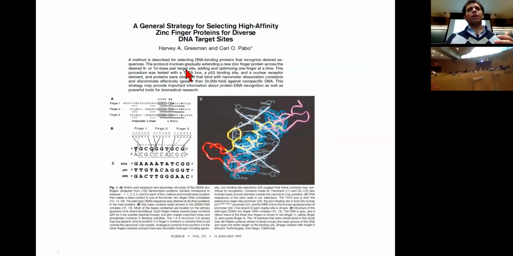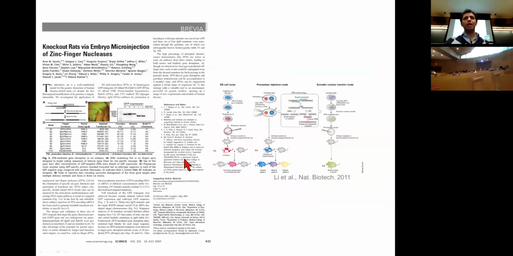There's been a lot of work in generalizing the selection of these binding sites, given these overlapping selectivities for the zinc fingers, to create general arrays that allow you to bind pretty much any motif in the genome. And these have actually been successfully used to carry out genome editing.